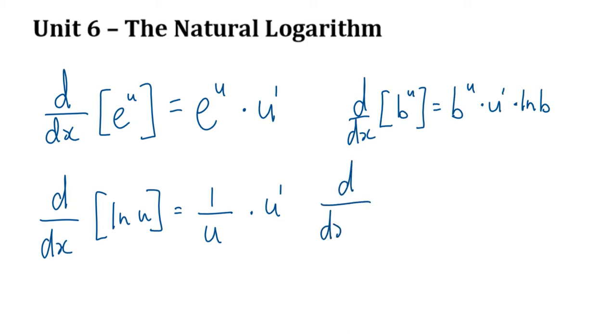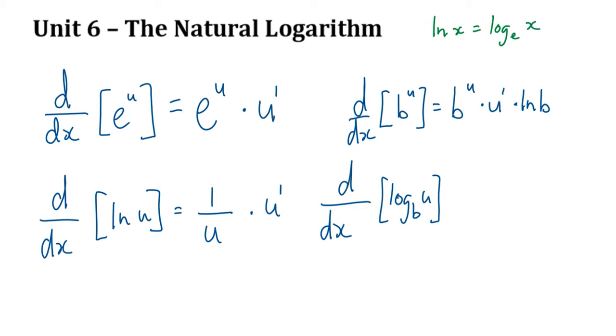So d by dx of log, so we're not doing ln now, it's log base b, because ln, actually I'm going to write this down, log base b of u, I'll do this up here, ln of x is the same thing as log base e of x, right?